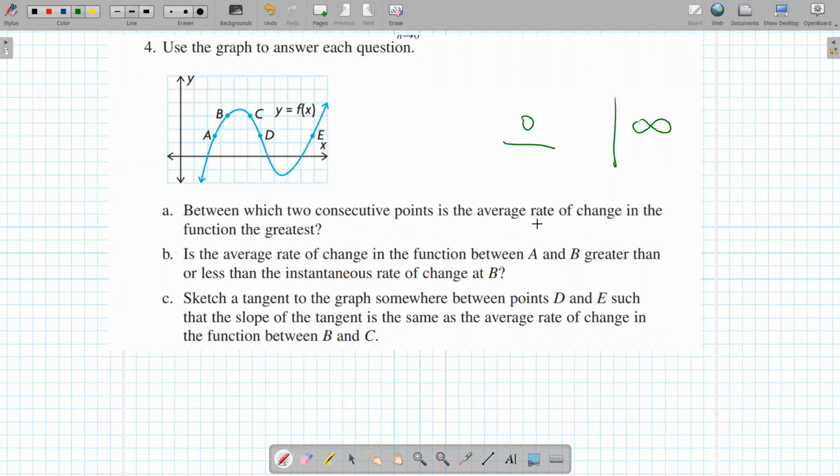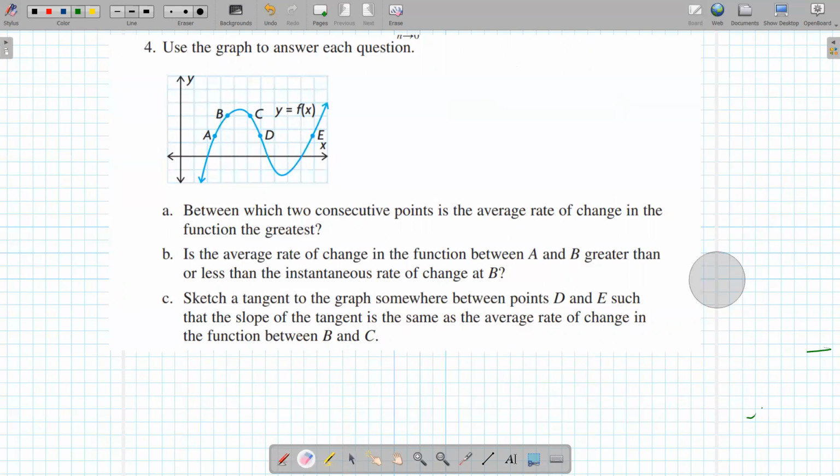Actually, it can be vertical. For example, the graph of x equals 4 is a straight line that goes through when the x value is 4. The slope of this line is vertical, infinite, because you'll be dividing by 0. But that doesn't apply to this question.